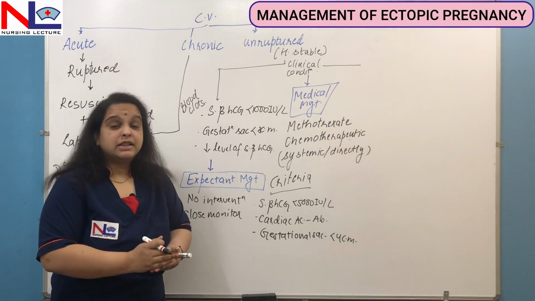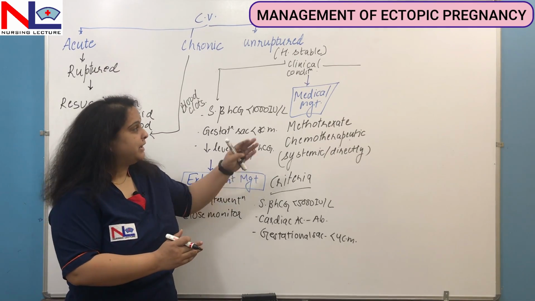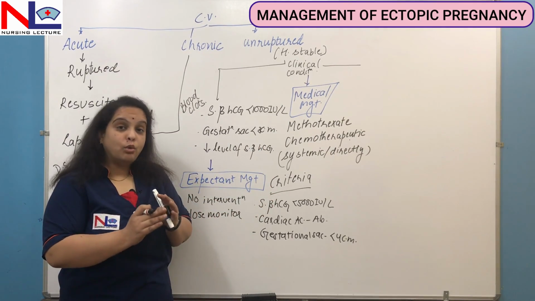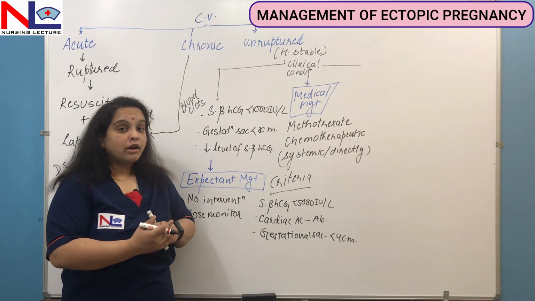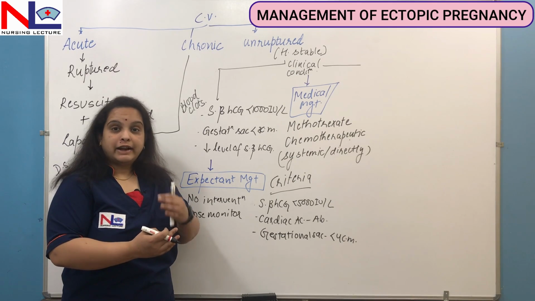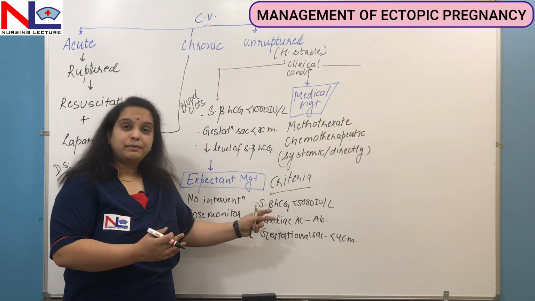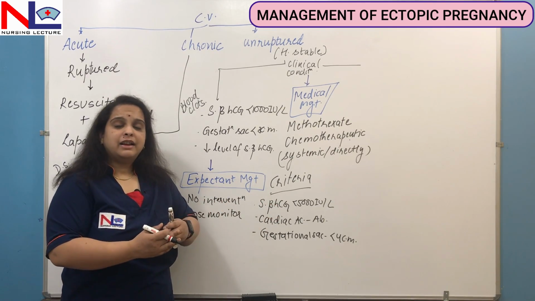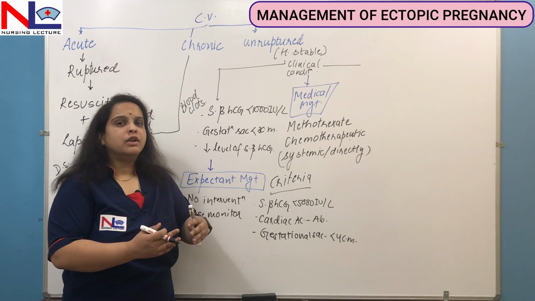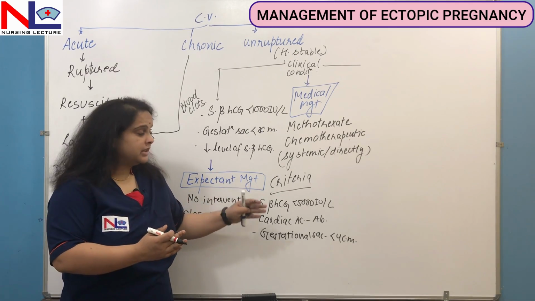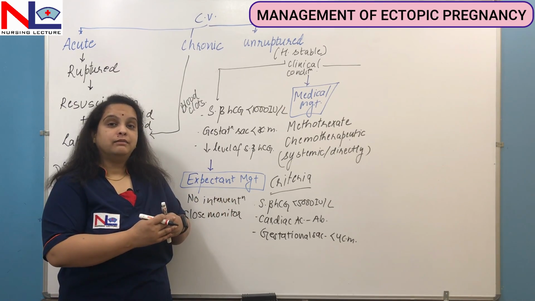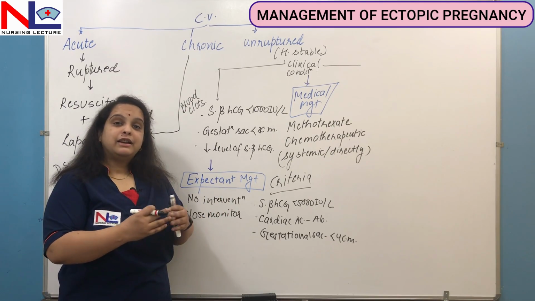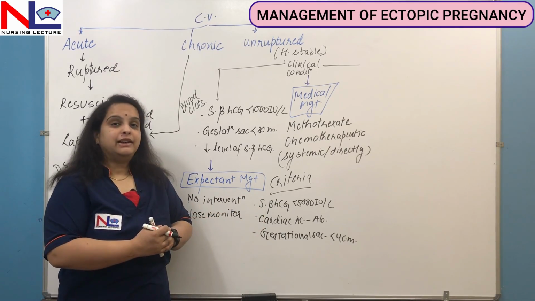So it is very important that she is motivated and compliant with this drug therapy. If she is not able to come for regular follow-up, then medical management won't work properly.